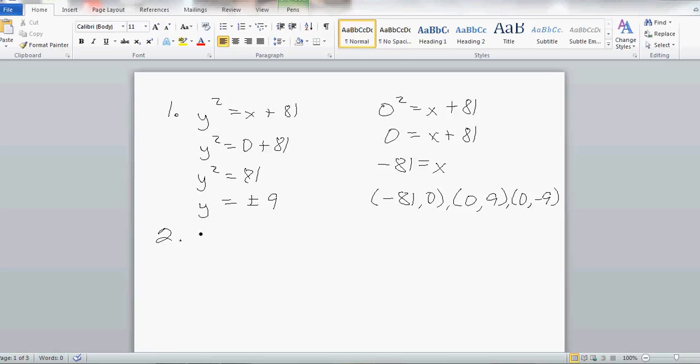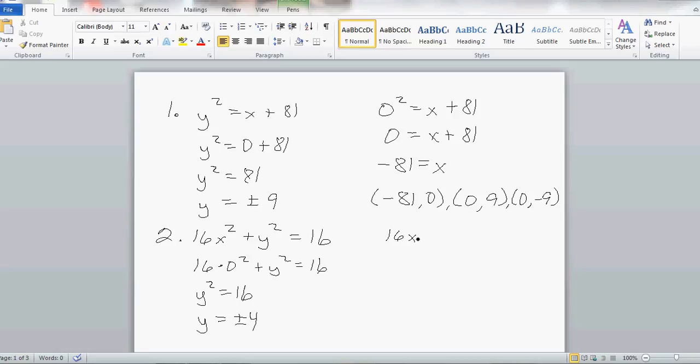For example, number 2, we have 16x squared plus y squared equals 16. And so once again, I'm going to let x equal 0, and so we get 16 times 0 squared plus y squared equals 16, or y squared equals 16, and once again, we want to know what is y, so y would equal plus or minus 4. The other intercept would be if we let y equal 0.